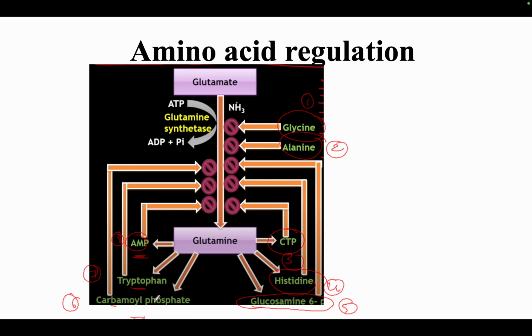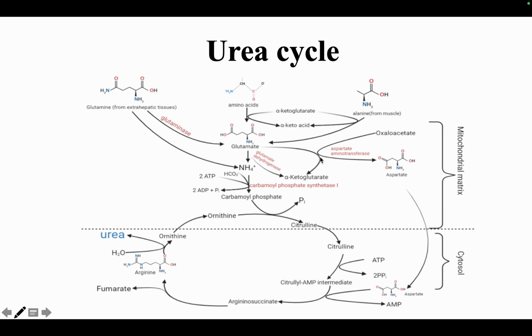So whenever the concentration of a downstream byproduct of this glutamine synthetase exceeds, they have a feedback regulation, okay. This is known as feedback regulation: the product itself inhibits the enzyme. So this is how amino acid synthesis is regulated.